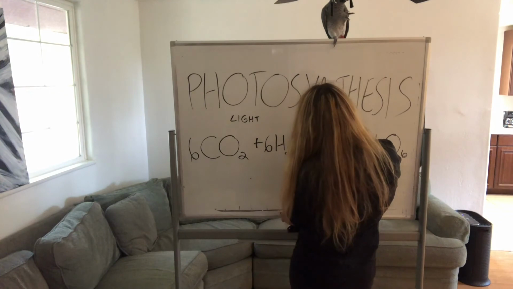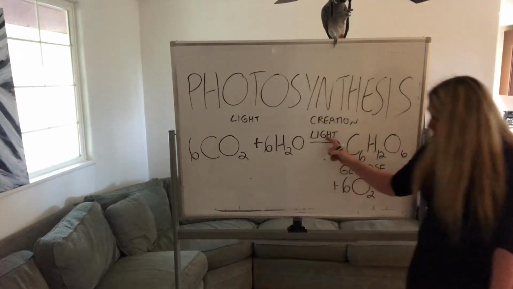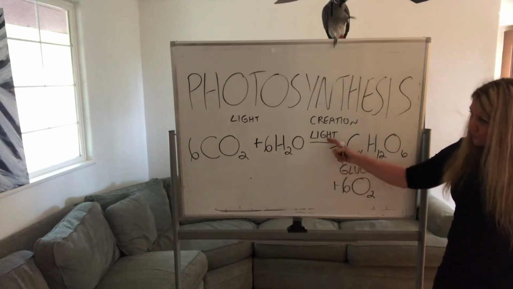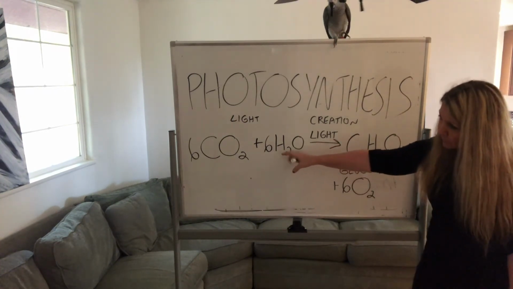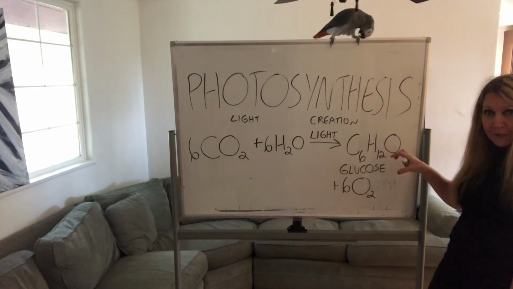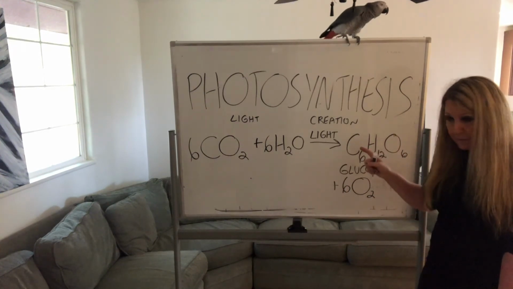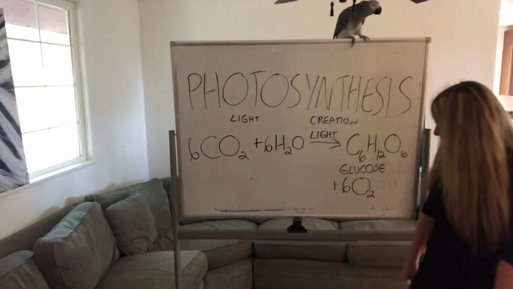So I'm going to write light, because this can't happen without light from the sun. Light is unchanged. If I put light over here, it'd be confusing because we're not changing light, we're using it. If a reaction uses something, you can put it above the arrow.